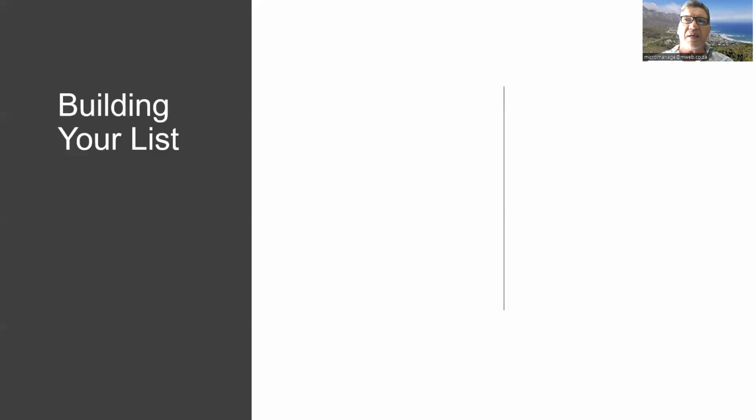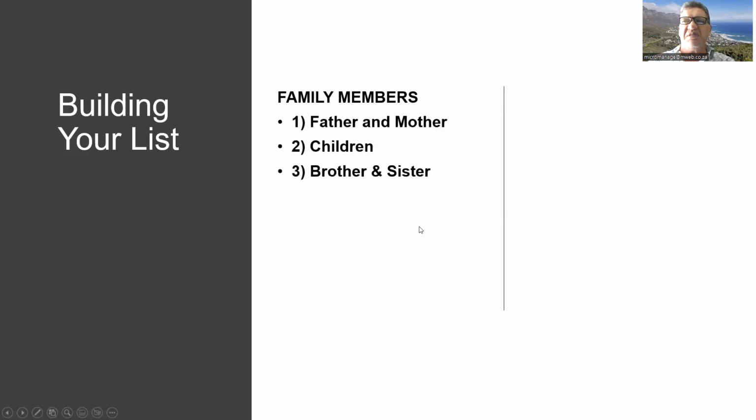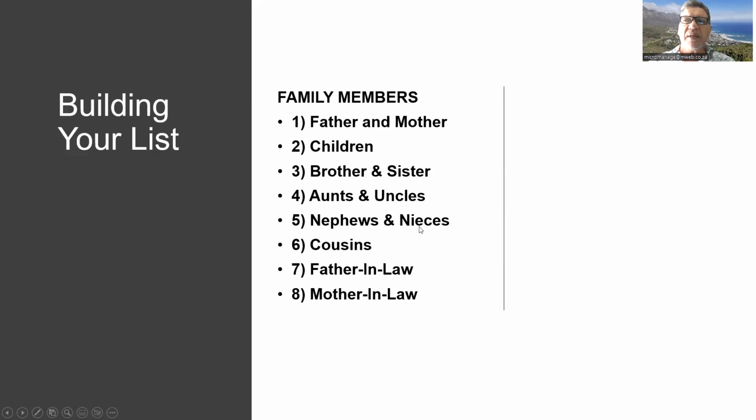So building your list starts normally with your family members: your mother, your father, brothers, sisters, their children, nephews. And so we go through the whole family tree. What's interesting about this list is that when you get into sales, you'll always speak to the family members, and you feel secure, you feel safe with them.